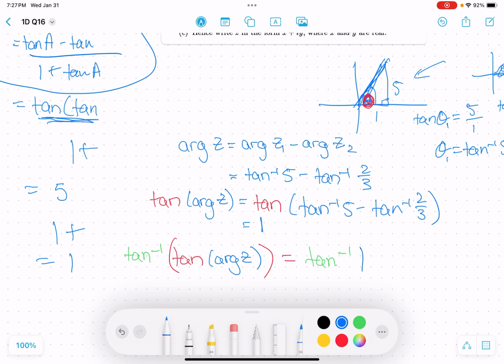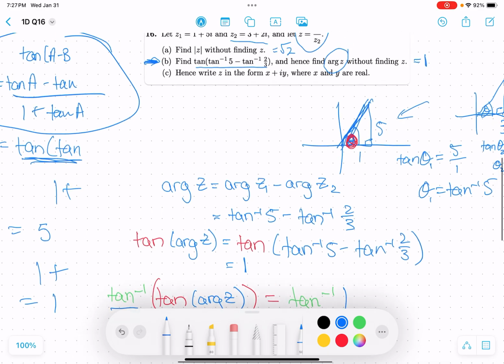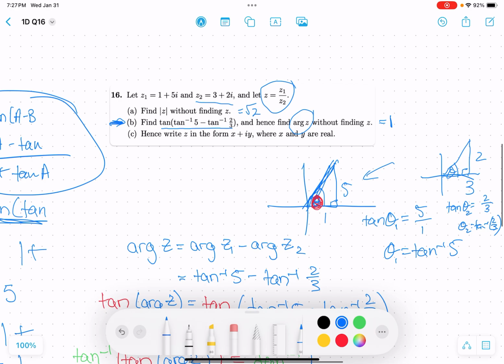So you can see we've got inverse functions, so we're going to be left with arg z. And we know inverse tan of 1, or the tangent of a rise of 1 over 1, is pi on 4. So we know arg z is equal to pi on 4. So I should have written that one equals 1, and this equals arg z equals pi on 4.